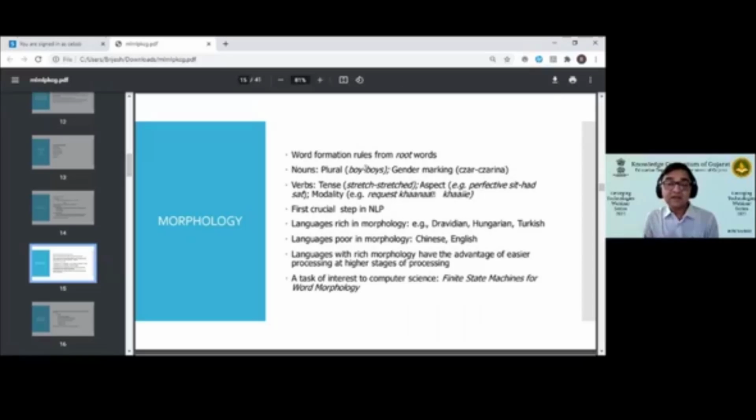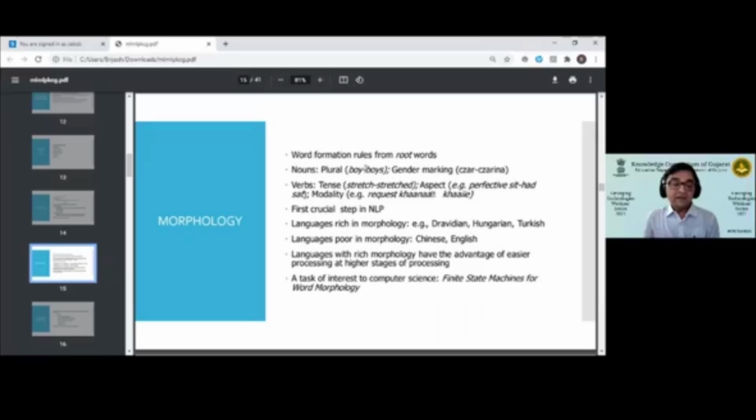So tense, then aspect like perspective, seat, headset, modality like request, khana, khaiye. So all these are hidden inside the inflection of a word, which is extracted through morphology analysis. So this is the first crucial step in NLP. There are many languages which are rich in morphology, like Dravidian, Hungarian, Turkish. There are many languages which are poor in morphology, like Chinese and English.